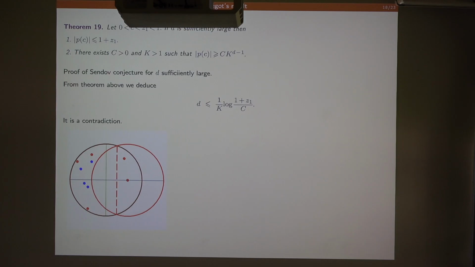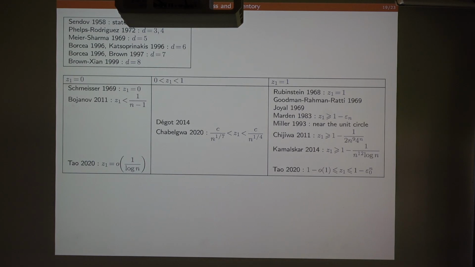But we don't know the value of this n. It is a non-constructive proof.